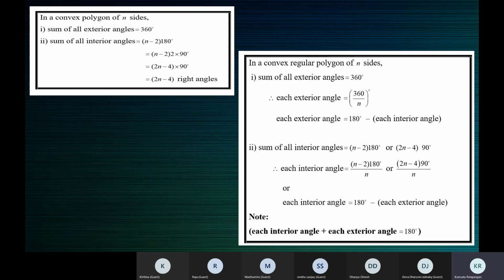The number of sides should be a natural number, equal to 3 or more than 3. So if you get a fraction or decimal, then you must say that it is not possible to have a polygon whose each exterior angle is equal to whatever is given. If you get a good number for n, then it is possible to have a polygon whose each exterior angle is whatever is given.